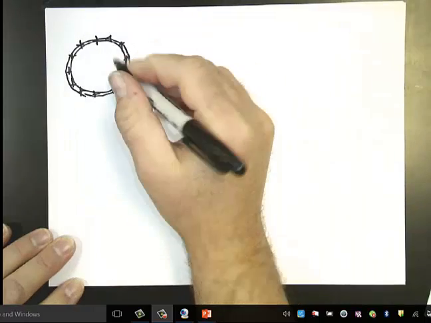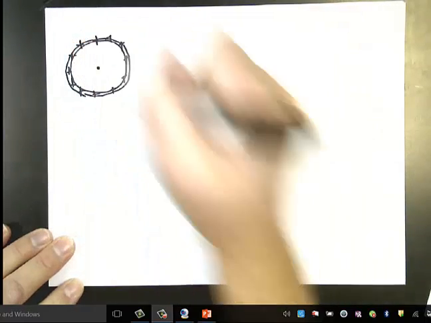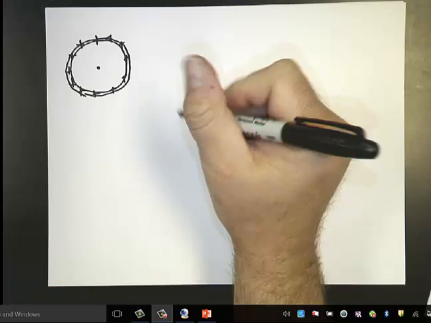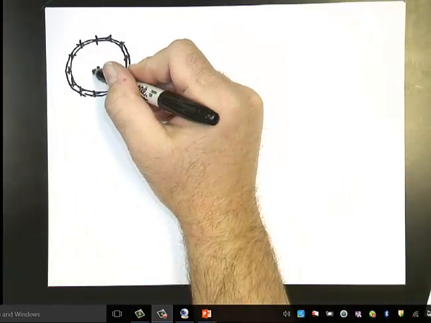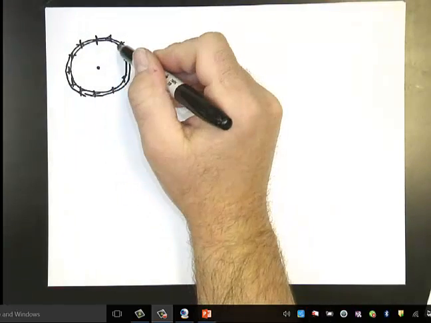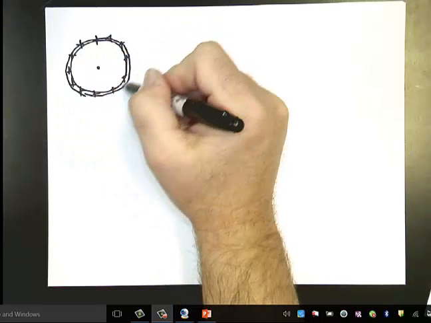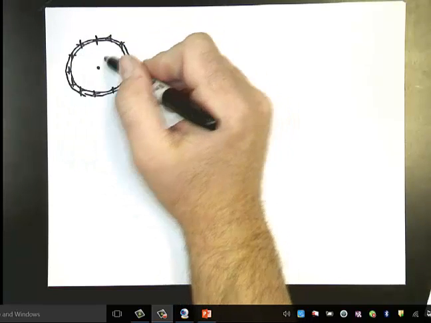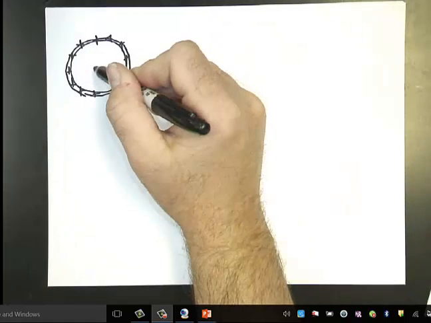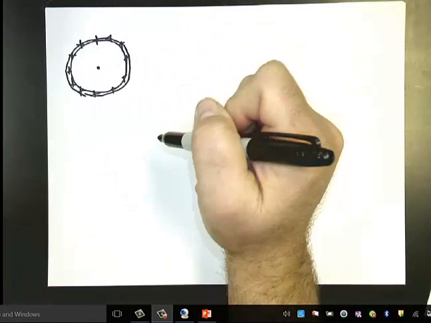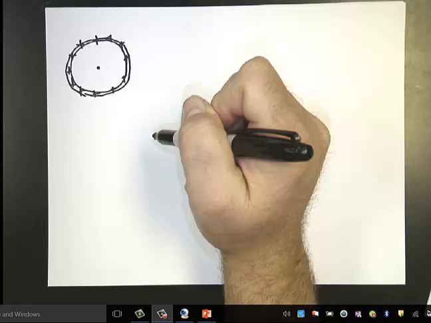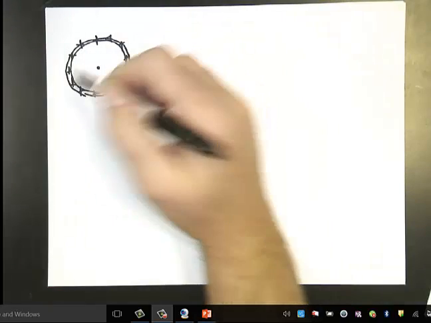If you want to know what the field strength is at the very center, imagine putting a positive test charge there, and all of these guys, uniformly distributed around the outside, are going to repel him. So the field right there at the center of the ring is 0. Well, that's not very interesting.